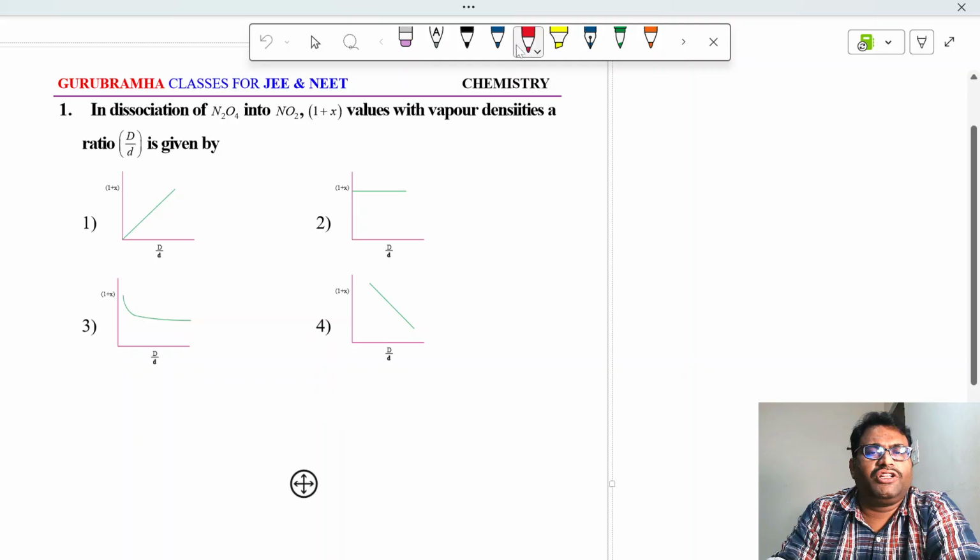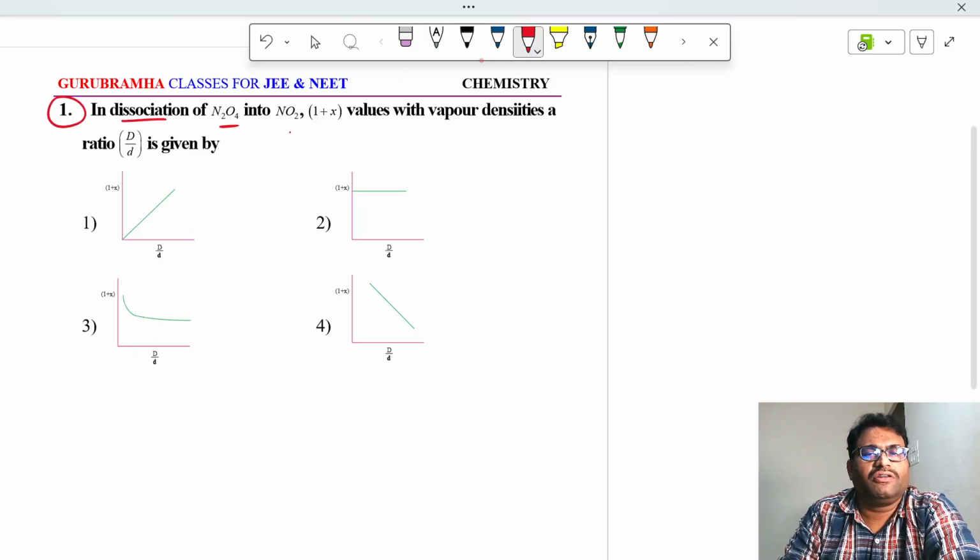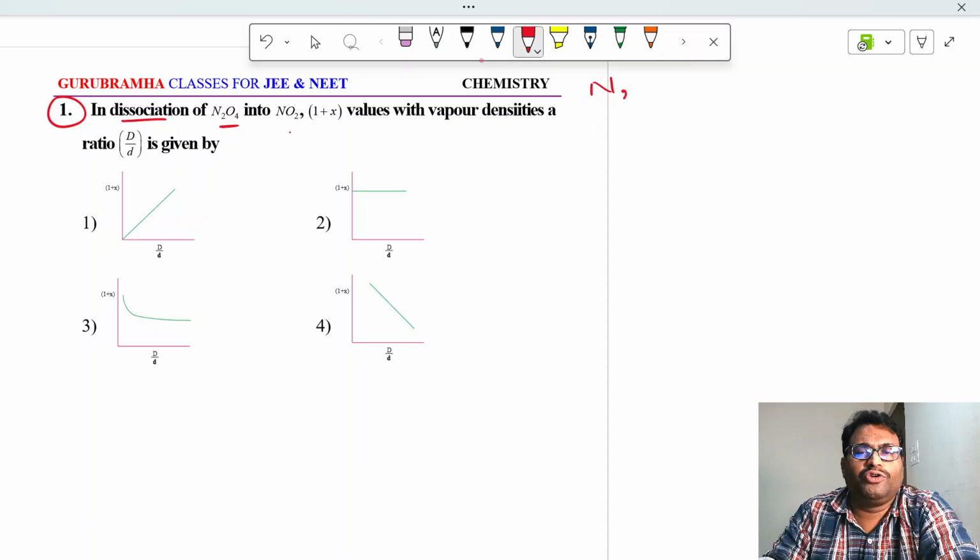Question number 1. In the dissociation of N2O4, N2O4 on dissociation gives rise to 2NO2 gas.